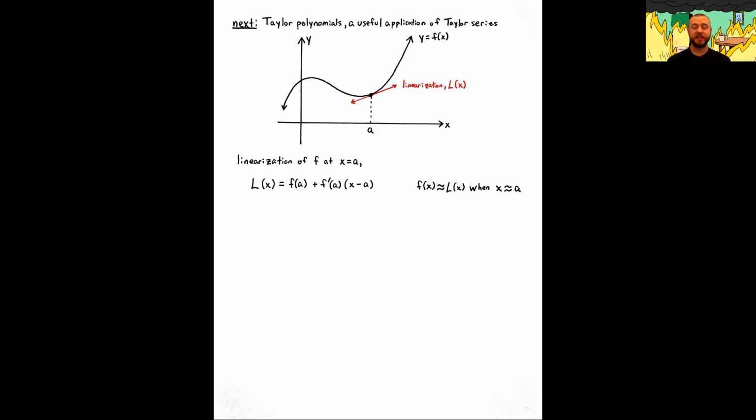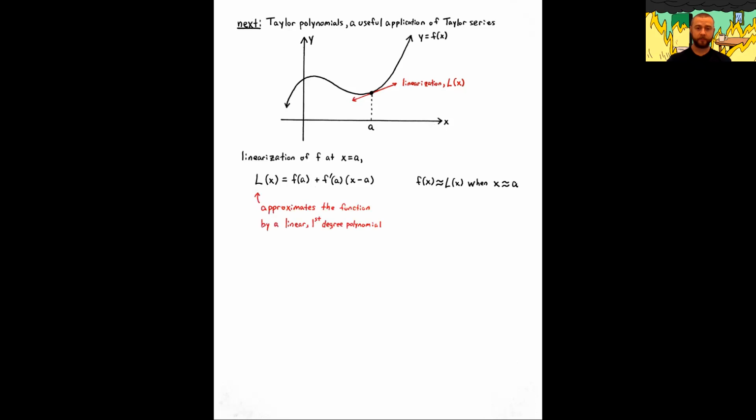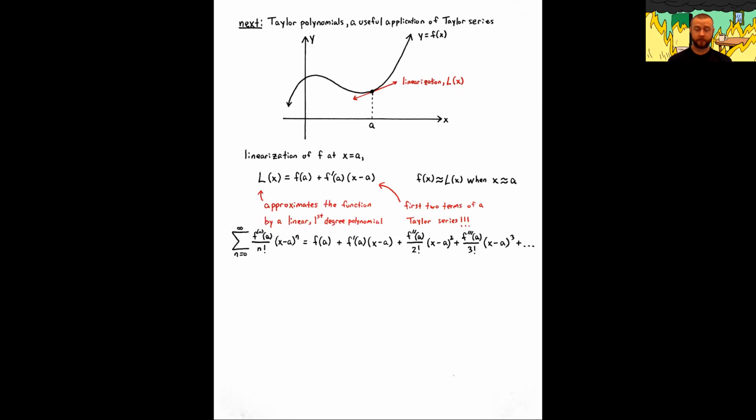How we're going to tie this in to Taylor and Maclaurin series is by noticing those first two terms look like the first two terms in a Taylor series. And in fact, they actually are the first two terms, the n equals 0 and n equals 1 term.